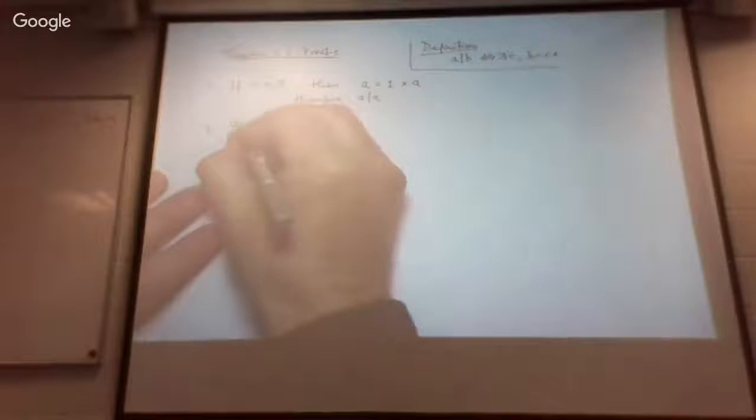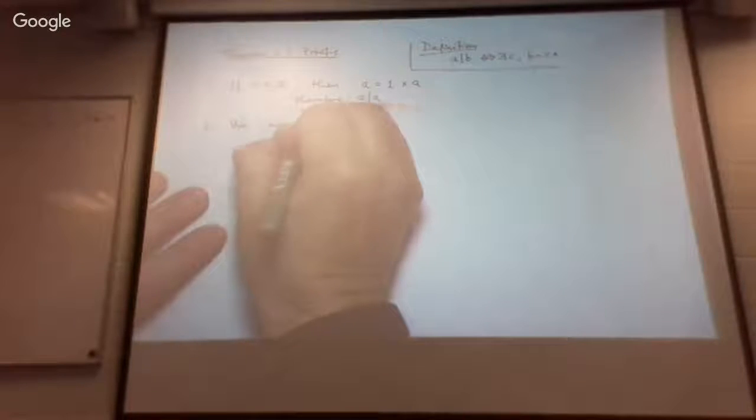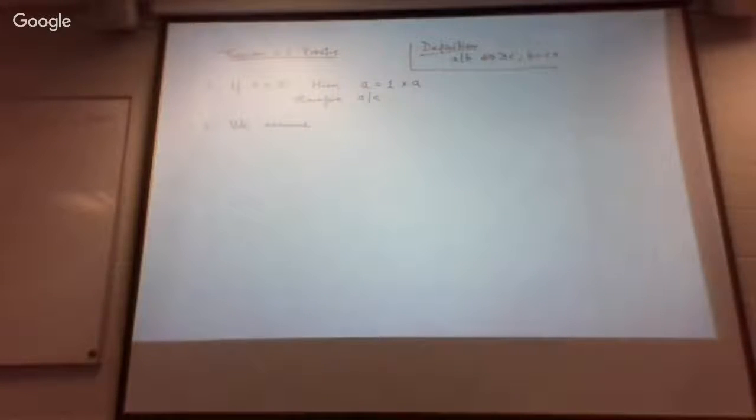So we assume, I won't keep saying A, B, and C are integers, because it's just understood: all variables are integers unless otherwise specified.